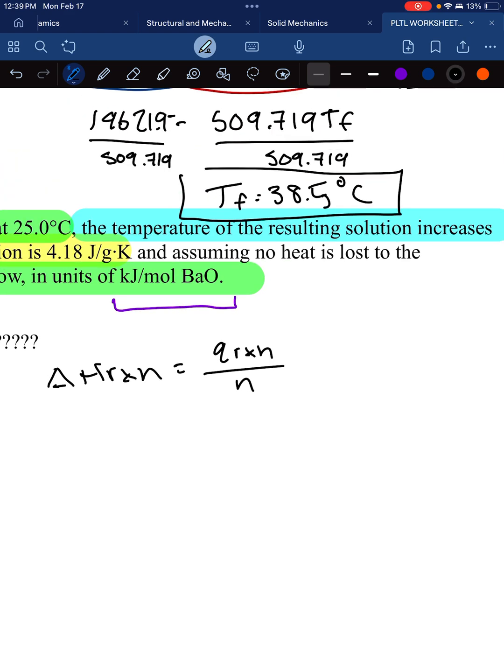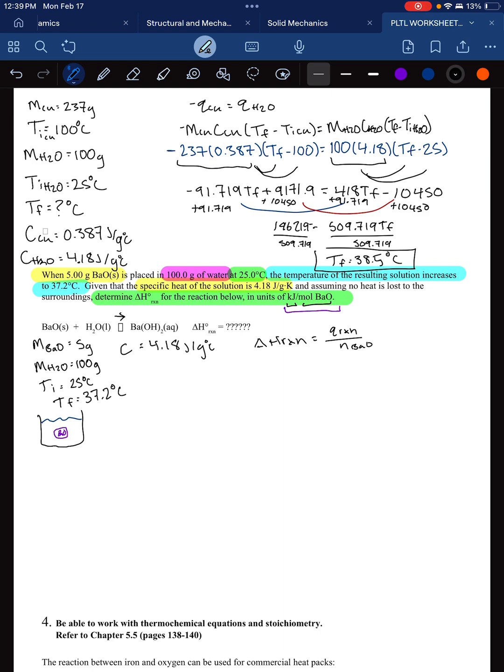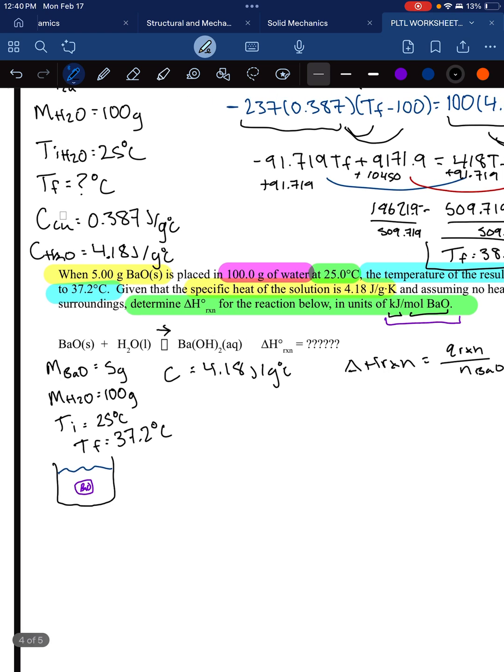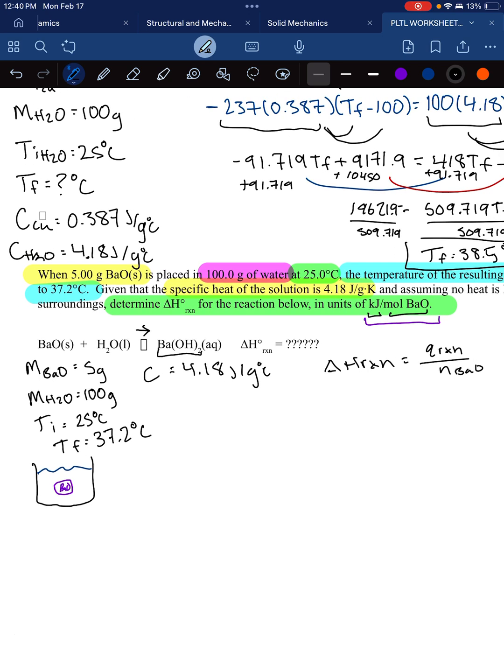And we want it in units of kilojoule per mole barium oxide. So we know that this needs to be moles of barium oxide specifically. Right, so we're finding the change in energy per mole of barium oxide over here.